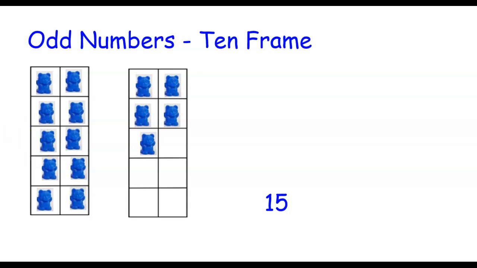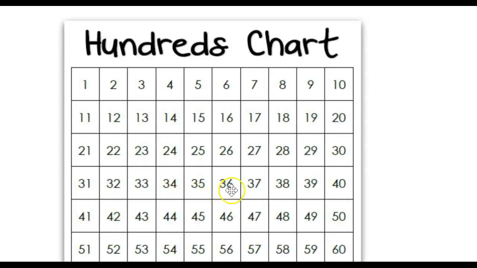Let's look at our hundreds chart. So on the hundreds chart, we know that 1 can't be split evenly because it's just 1. So it's an odd number. And 3, 5, 7, and 9 are all odd numbers.